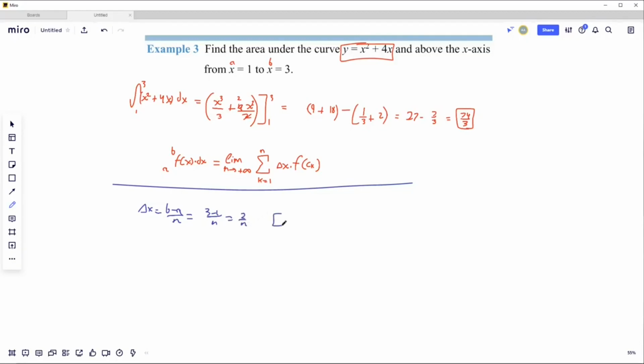The easiest way to find ck, which is what you need to find next, is to use the intervals. So you're starting from 1, so 1 plus, again this is not obligatory, it's just an easy way to find ck. 1 plus, add 2 over n, you start with, of course, a, and then 1 plus 2 over n, and then again 1 plus 2 over n plus 2 over n, so 1 plus 4 over n, and then add 1 last time.